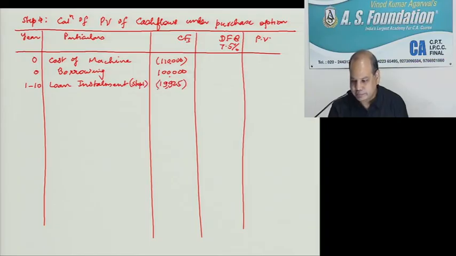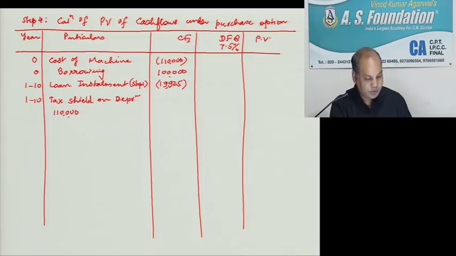19,925. And for years 1-10, you write tax shield on depreciation. The cost of the asset is 1,10,000. The wording of the question is, company provides 10% depreciation on straight line method on original cost.